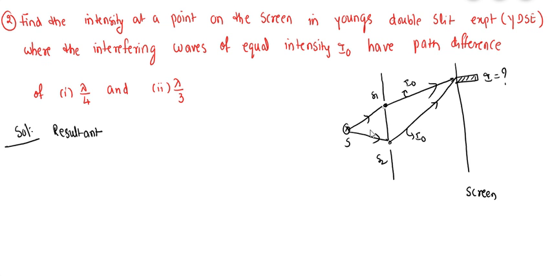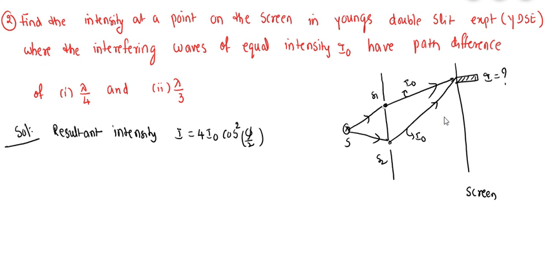But if they have the same intensities, then the resultant intensity is I equal to 4 I naught cos square phi by 2. This is the formula where phi is the phase difference.